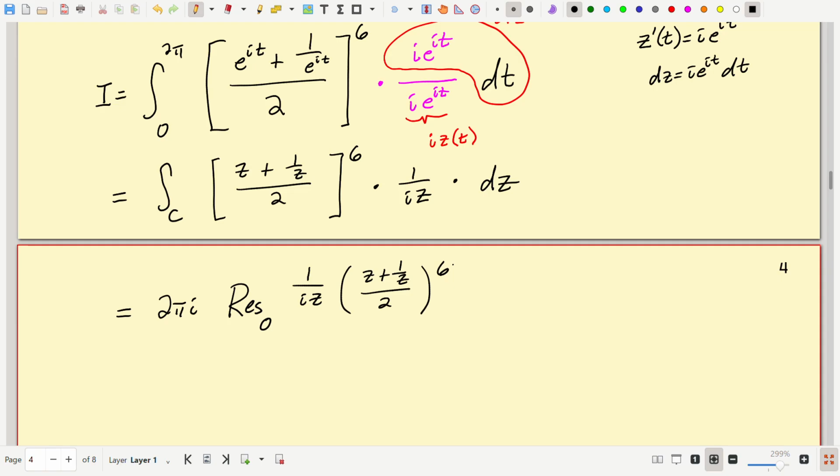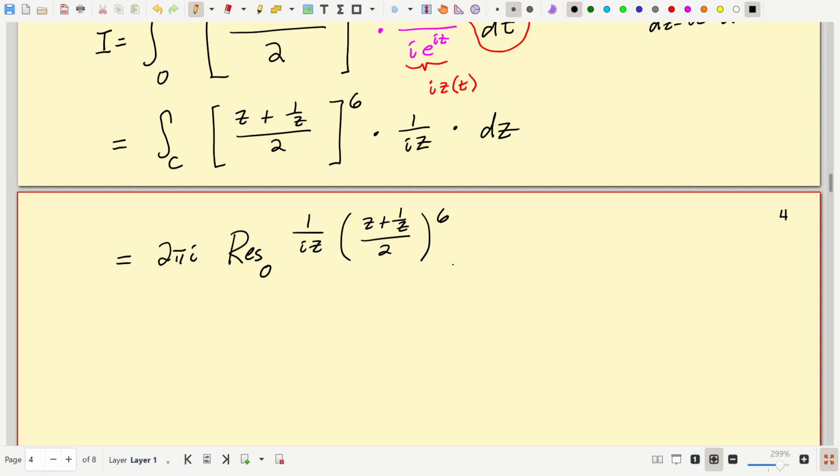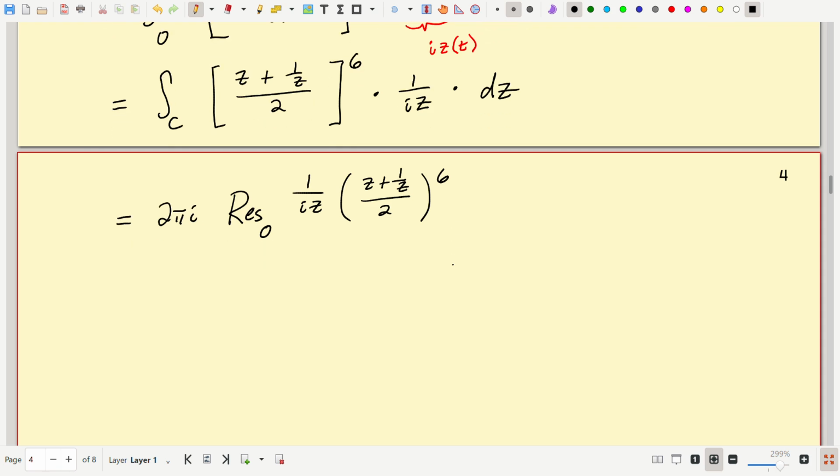Let me do it. How do you do it? I have 1 over i, z plus z to the minus 1, to the 6th over 2 to the 6th. That would be equal to 1 over 2 to the 6th.